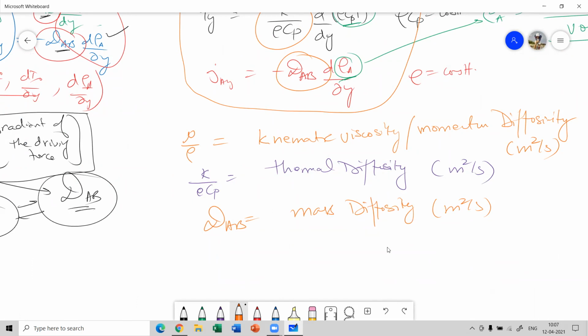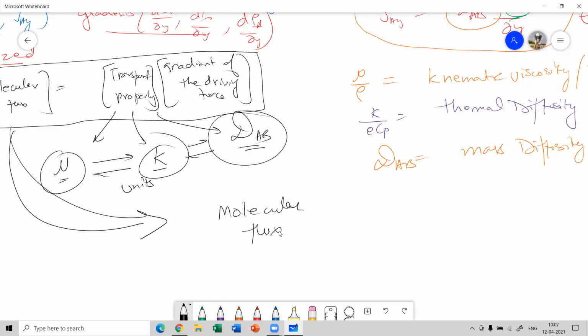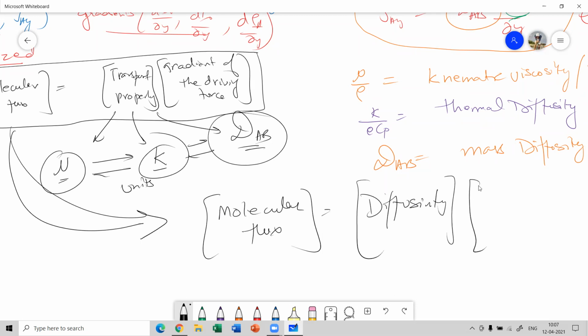So we can rewrite this standard equation as molecular flux as diffusivity times the gradient of the quantity per unit volume.